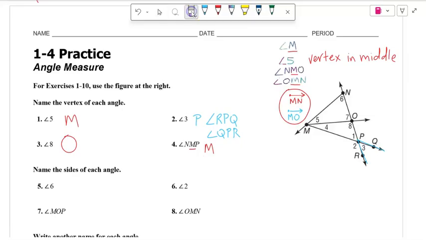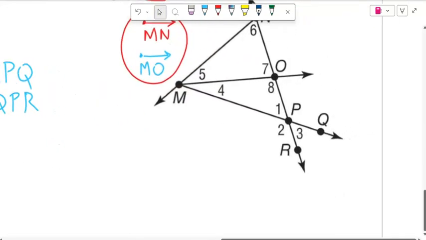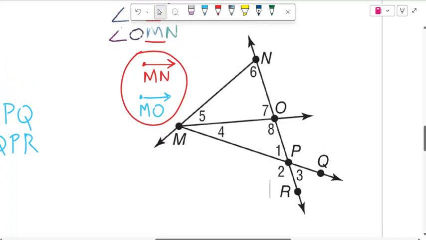Because if I say, name angle 3, and you call it QPO, and it's just a mental mistake, you're already setting up the problem wrong. And if you're solving for X, or finding the measure of the angle in degrees, you've already started the problem wrong. So the way that we name angles and visualize pictures just like this one is more than half of the battle in getting these right.